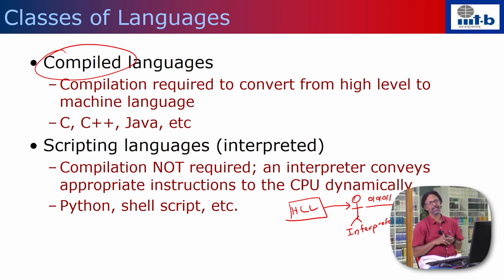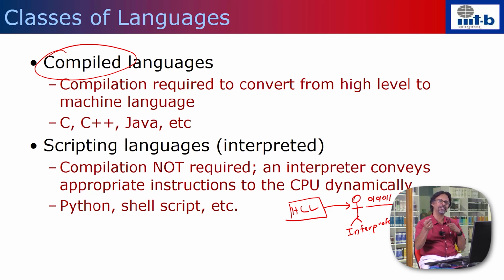Right? In general, because these instructions are given in a language which is understood by the CPU together, compiled languages are always considered to be more efficient, faster in terms of performance, and scripting languages are relatively slow because you have that translator in between, keeping on translating one by one, right?